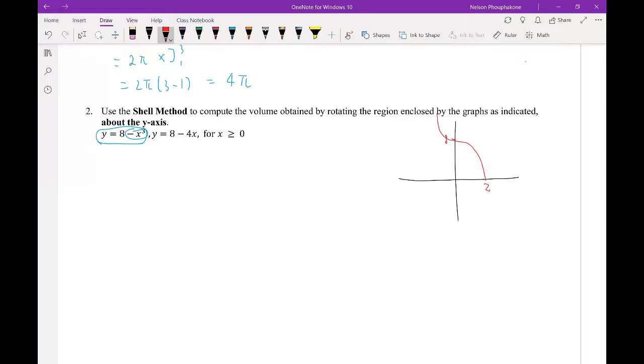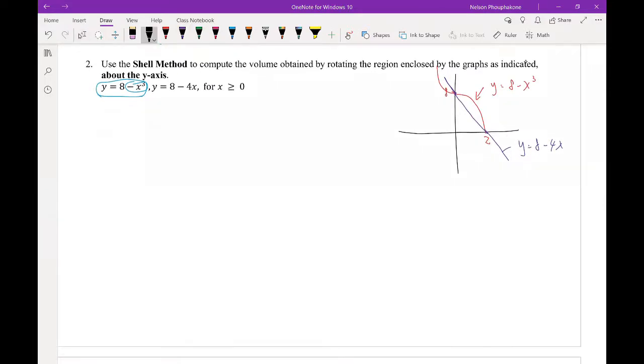And now we are going to work with 8 minus 4x. I have the y-intercept is 8, and the x-intercept, when y equal to 0, is actually 2. That's nice. So this one right here is y equal to 8 minus 4x, and this one right here is y equal to 8 minus x to the power 3.